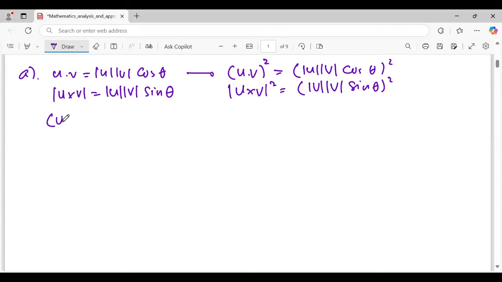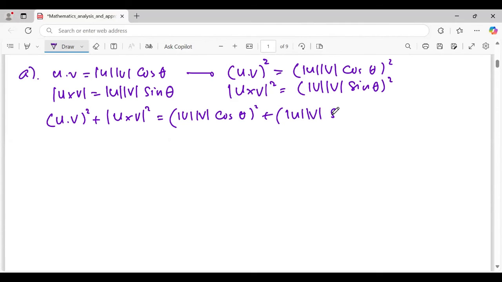So u dot v squared plus modulus u cross v squared is this expression plus this expression: modulus u modulus v cosine theta squared plus modulus u modulus v sine theta squared.